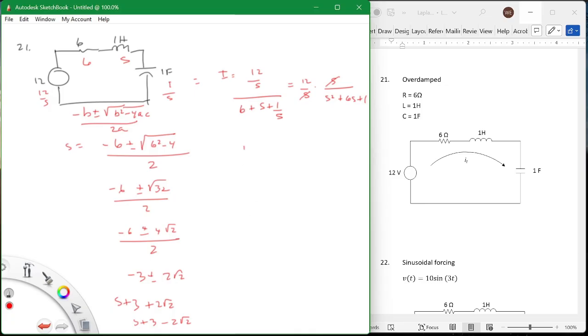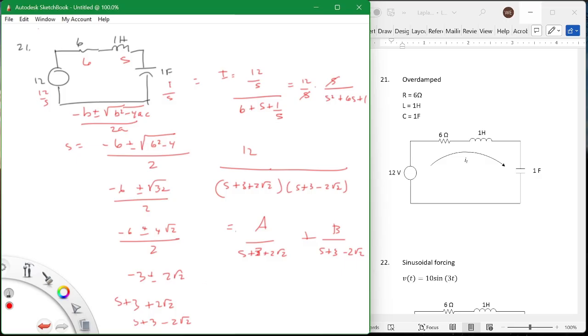So you can write this as equal to 12 over S plus 3 plus 2 square root of 2 times S plus 3 minus 2 square root of 2, and you're in. Now what do you do next? Equal A over S plus 3 plus 2 square root of 2, plus B over S plus 3 minus 2 square root of 2.